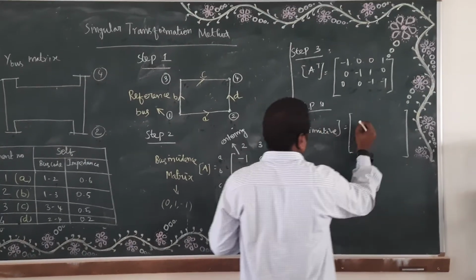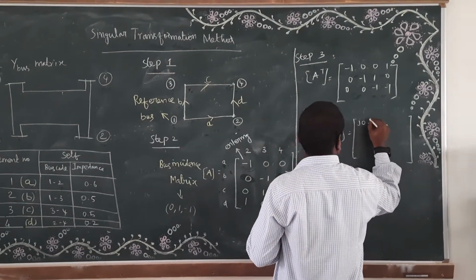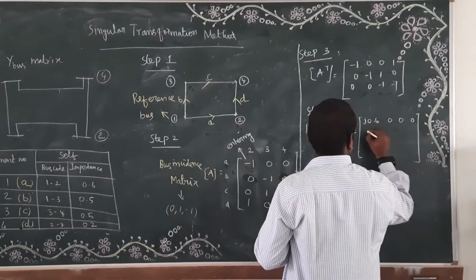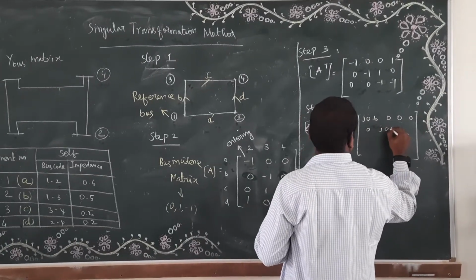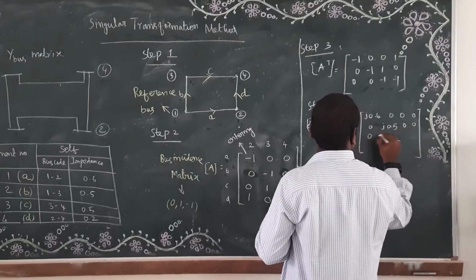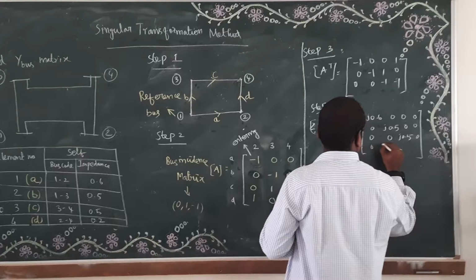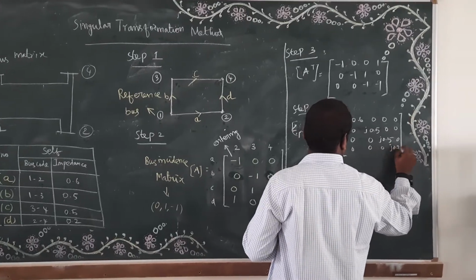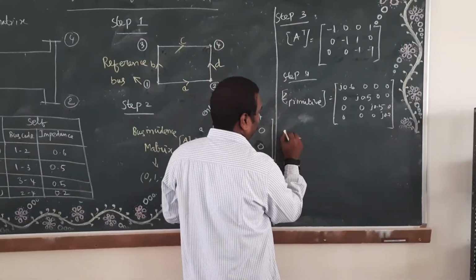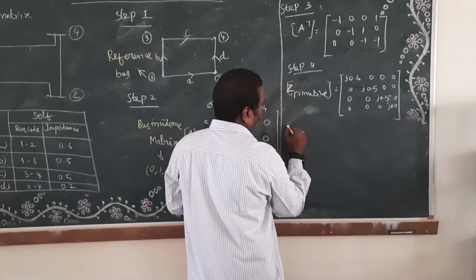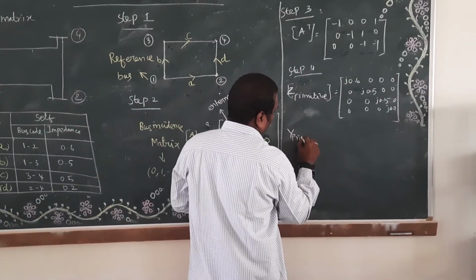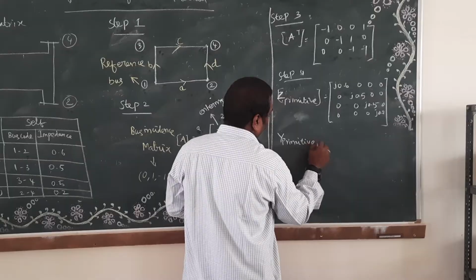So Z primitive can be written as j 0.6, 0, 0, 0, 0, j 0.5, 0, 0, 0, 0, j 0.5, 0, 0, 0, 0, j 0.2. This has to be converted into Y primitive. How to convert to the Y primitive matrix?